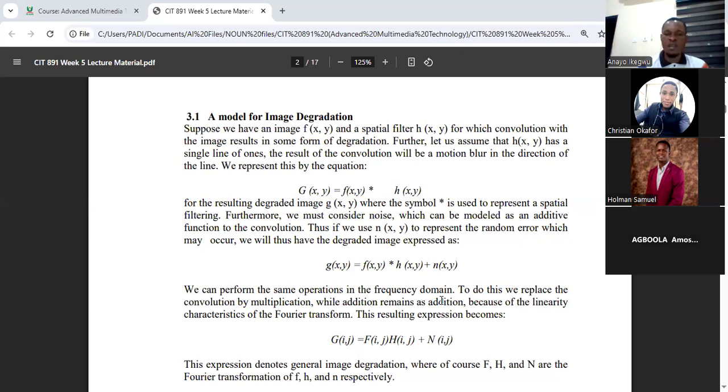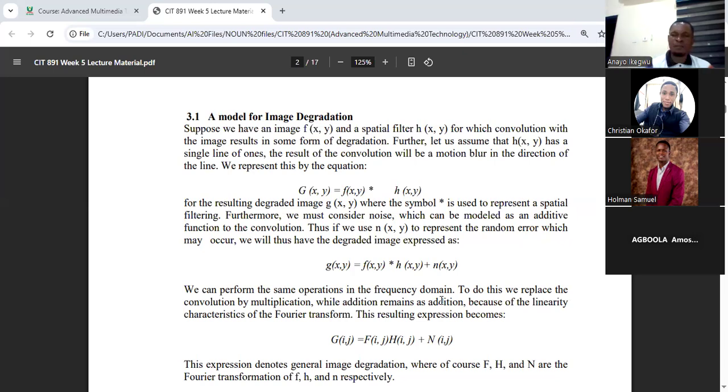Whenever you capture an image and then store it on your computer, we have the low-level language. The machine transforms those high-level languages to a low-level language, which is the machine code, numbered zeros and ones.